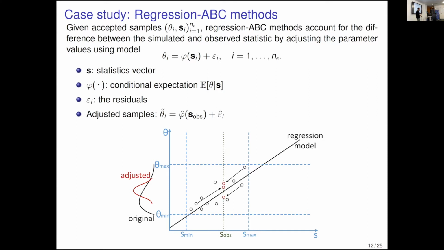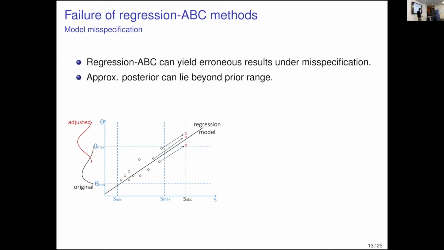And in practice, it actually works very nicely, provided that your model is not misspecified. Or in this case, because we're talking about statistics, provided that the statistics do not mismatch between the observation and the simulation. So it's the same figure here. Now, what I just did was I put the observed statistic outside.